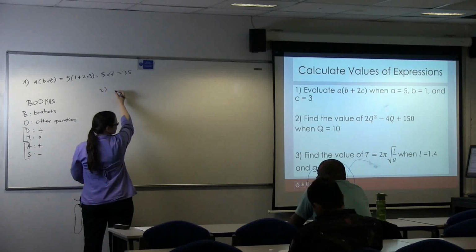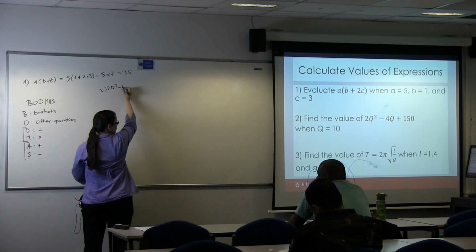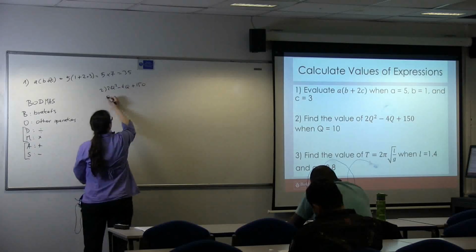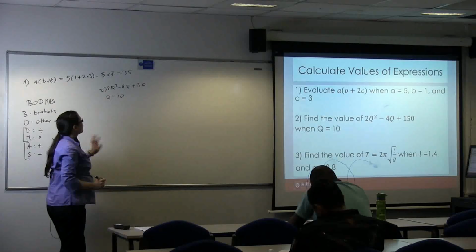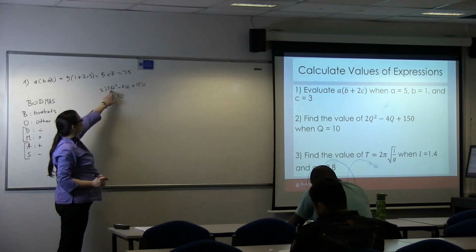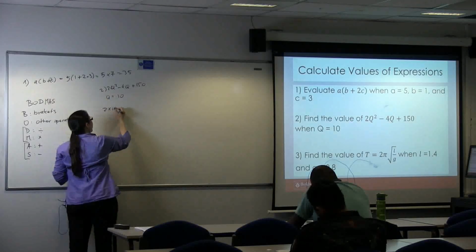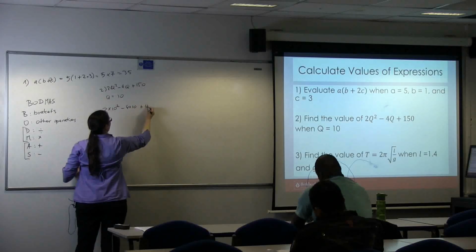Second, when I know that Q is equal to 10. Well, I need to remember here again that there is multiplication here. So I've got 2 times 10 squared minus 4 times 10 plus 150.